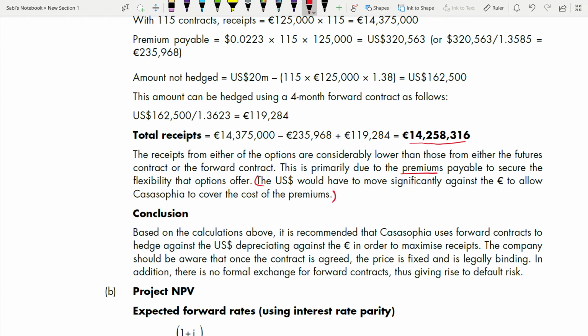In an option you can take that advantage if the rate goes in your favor. If it does not go in your favor, you can at least hedge. So if it goes in your favor, you can also take advantage, and the cost of the premium will be covered by that benefit.